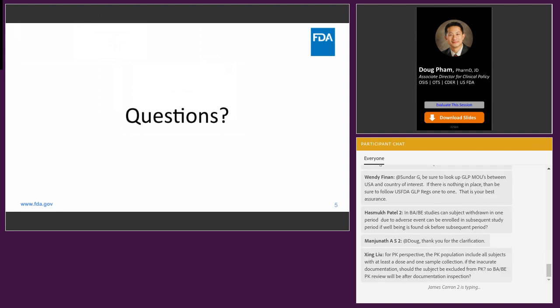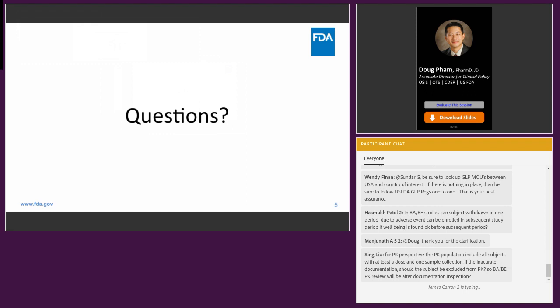In another question, it says, can a subject be withdrawn in one period due to an adverse event and be enrolled in a subsequent study period if the well-being is found okay before the subsequent period? Again, I can't answer it in that narrow scenario, because it depends on the studies that are involved and the risks that are involved.